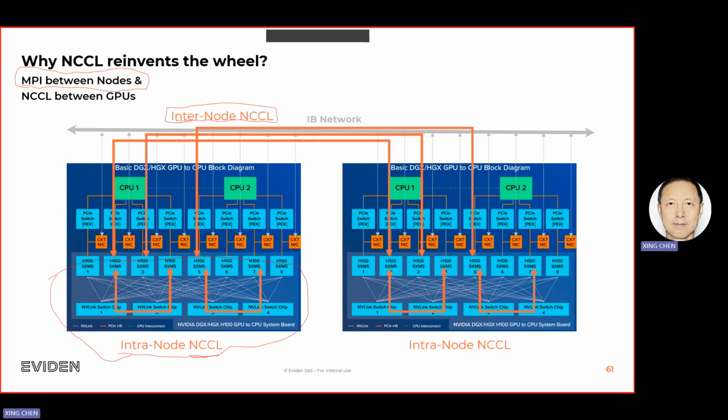They focus on different kinds of communications. This is for host, for CPU communication, and this is for GPU, and it is for collective communication. We are going to find out more details later on.